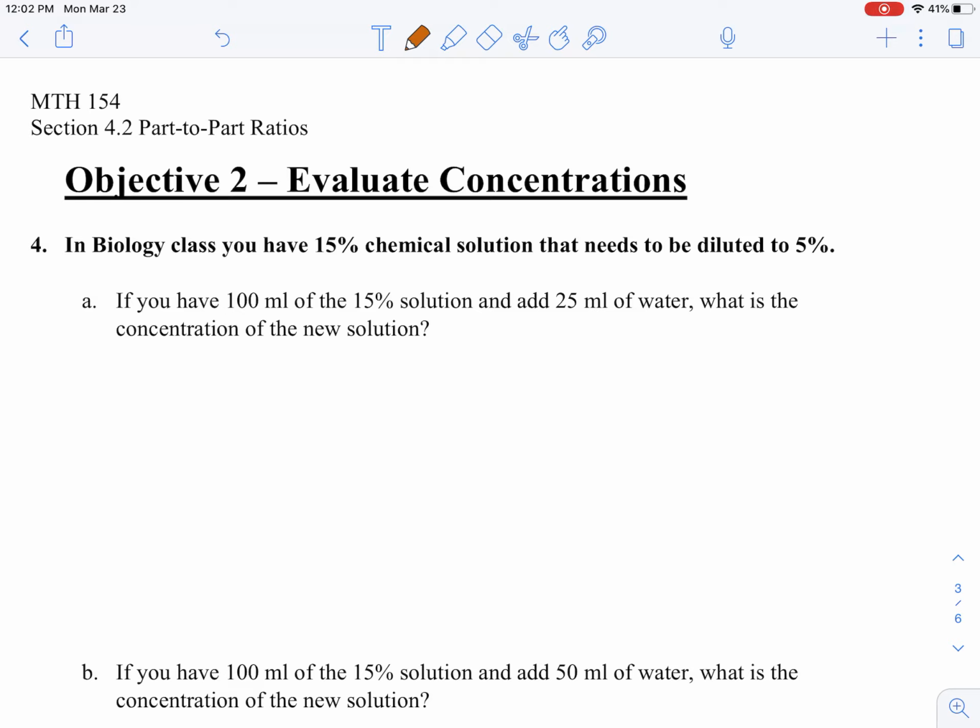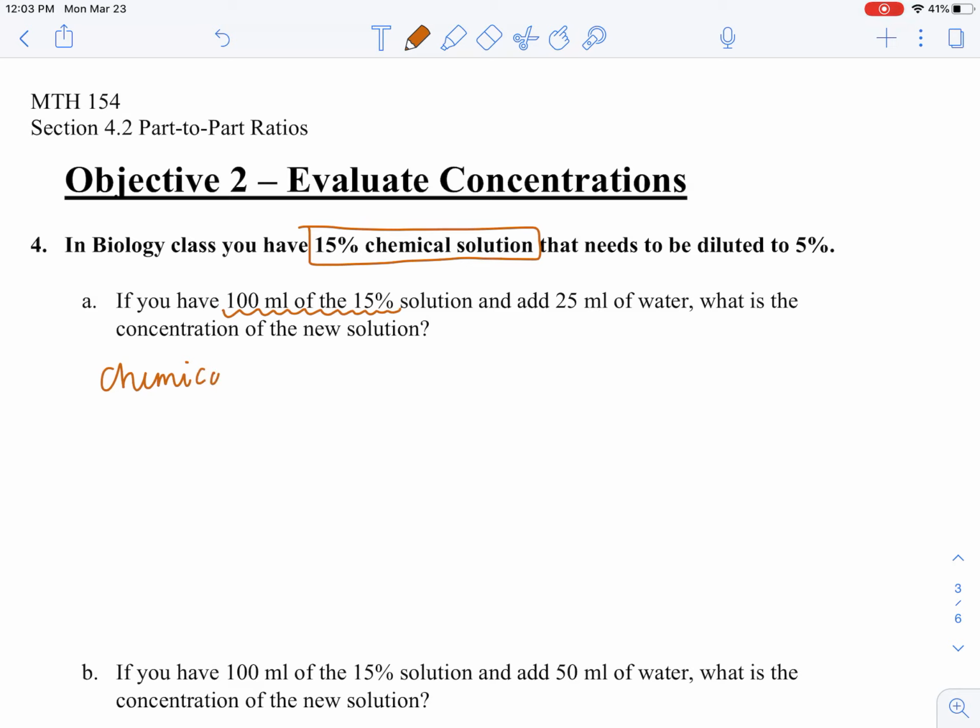In biology class, you have a 15% chemical solution, but we need to dilute that to 5%. So let's find out how much chemical we have. If you have 100 milliliters of 15% solution, I'm going to find out how much chemical is in there.